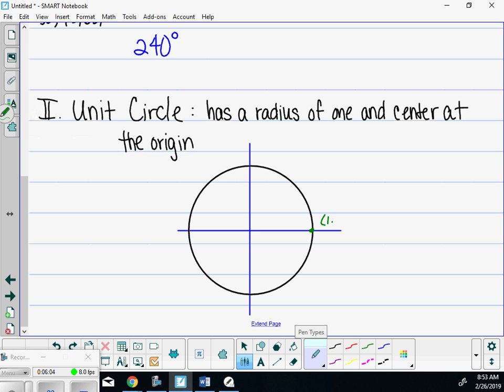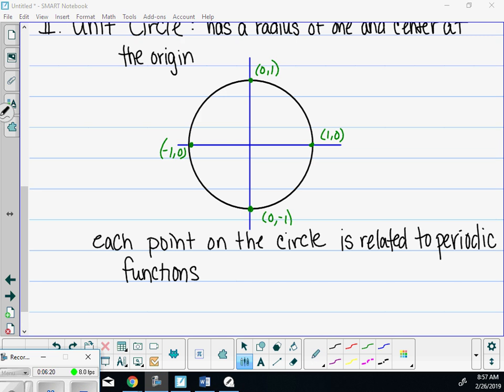So we have the points (1, 0), (0, 1), (-1, 0), and (0, -1). Each point on the circle is related to periodic functions.